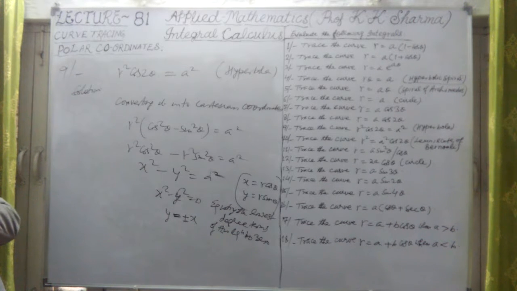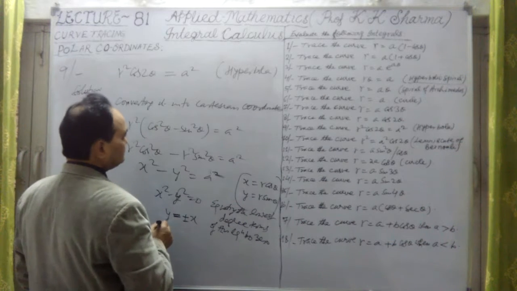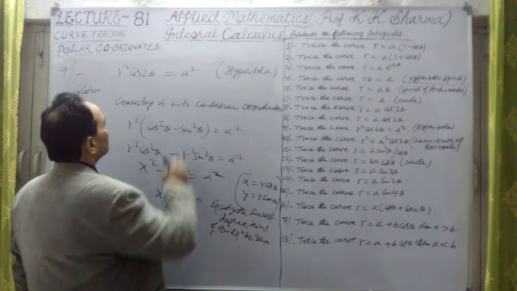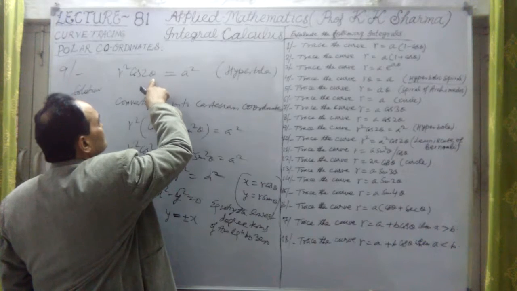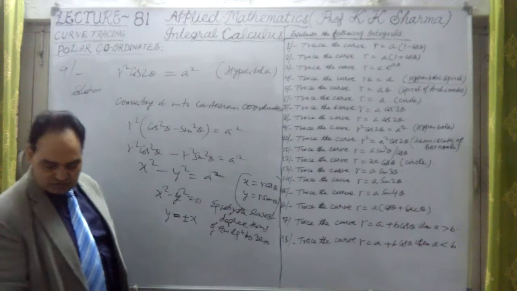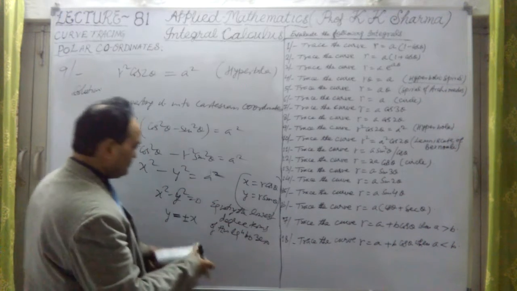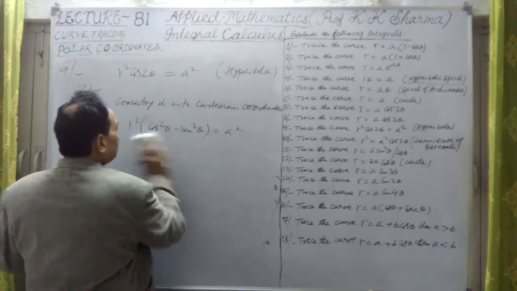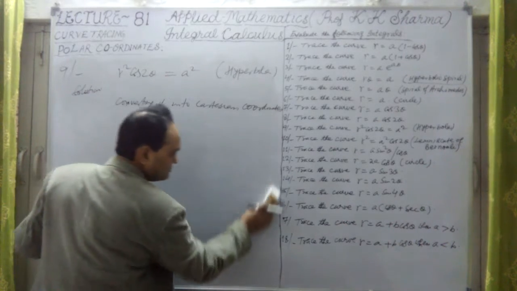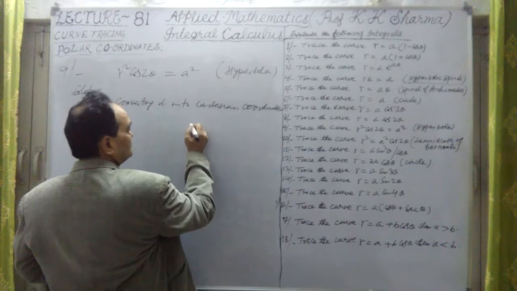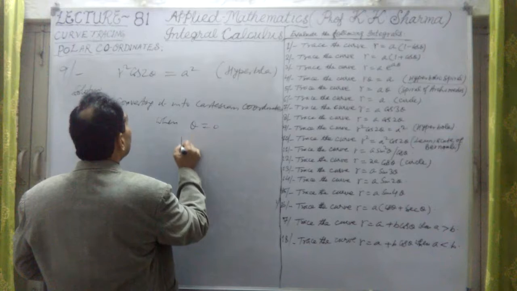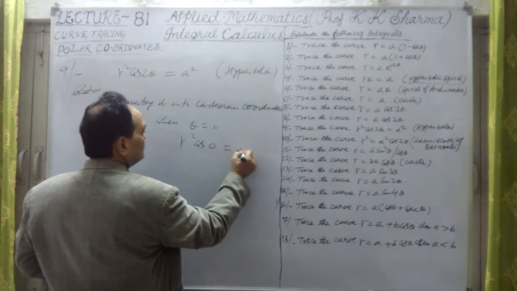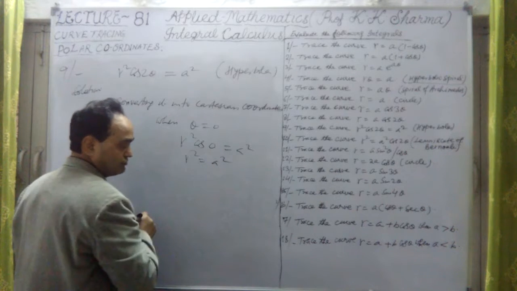Now let me talk about the values here. When theta is equal to 0, r square into cos 0 is equal to a square, or r square equal to a square.